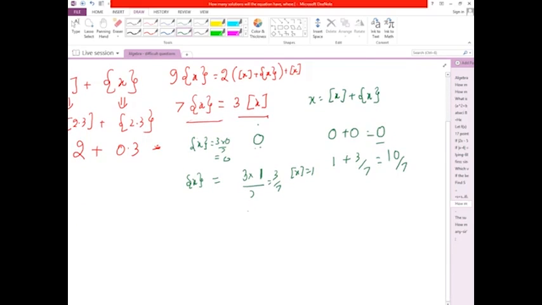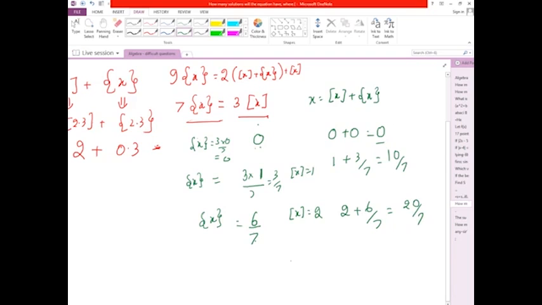And then you can put greatest integer equal to 2. The expression becomes 3 into 2 equal to 6. Fractional part will become 6 by 7. And the number becomes 2 plus 6 by 7, or 20 by 7.